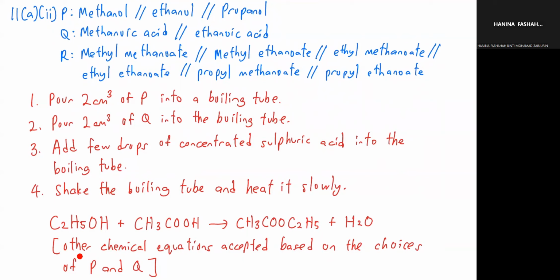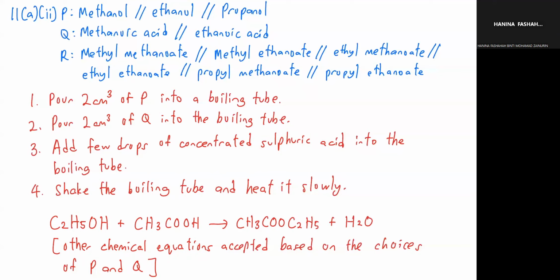No need to write this one. This one I just tell you only. No need to write. It means there is more than one answer basically. Pour 2 cm. Just pour alcohol, pour ethanoic acid, catalyst, then shake and boil and heat. That's it.